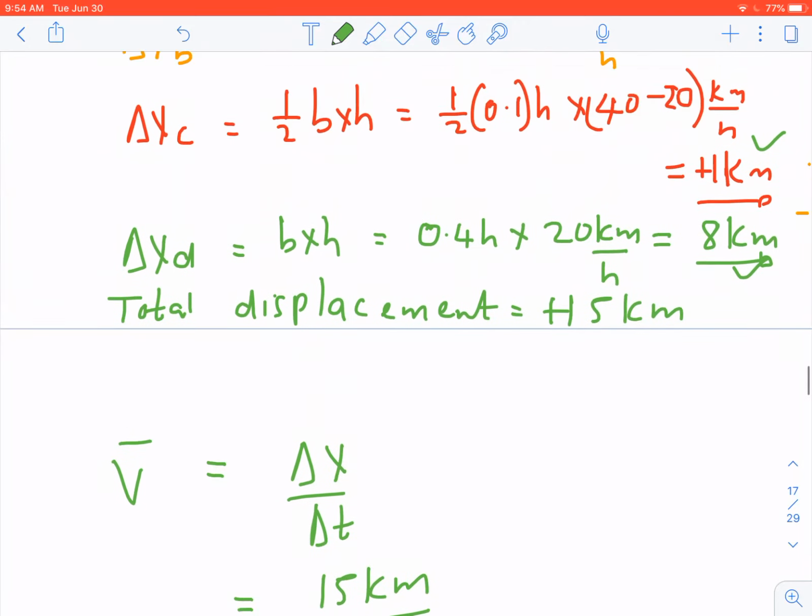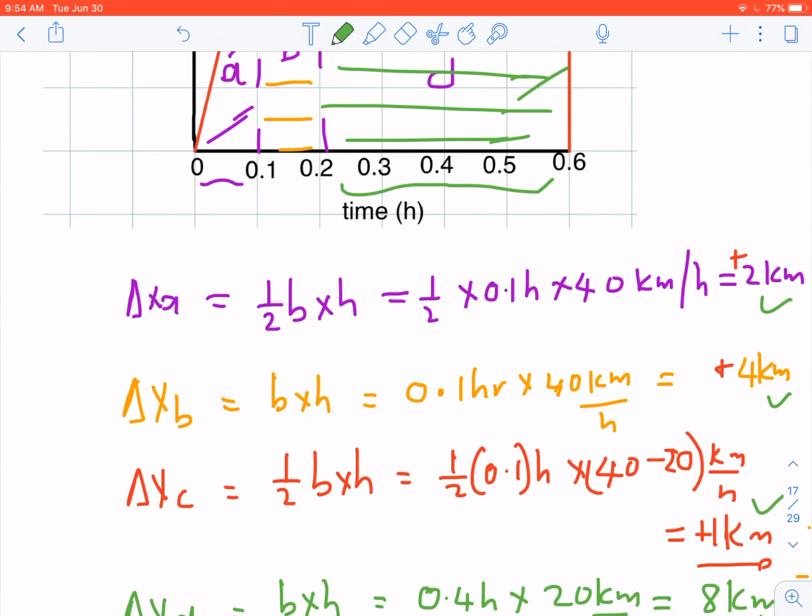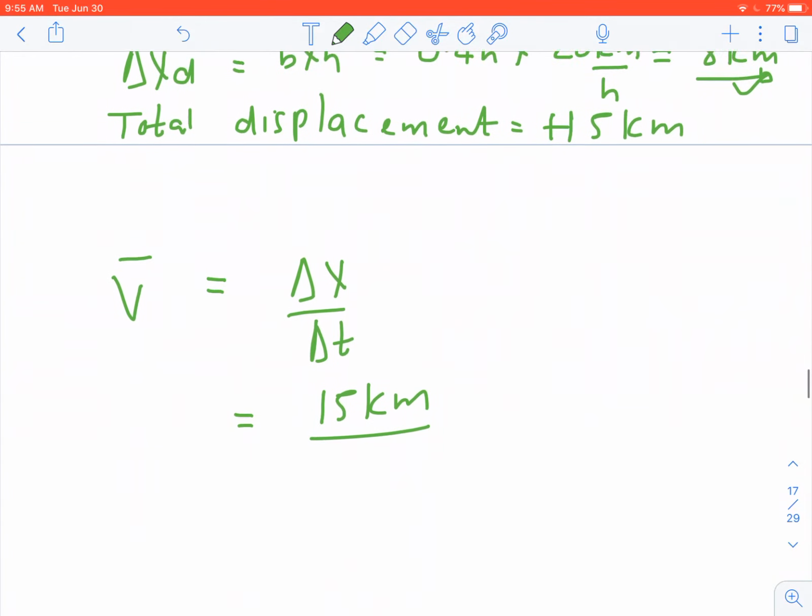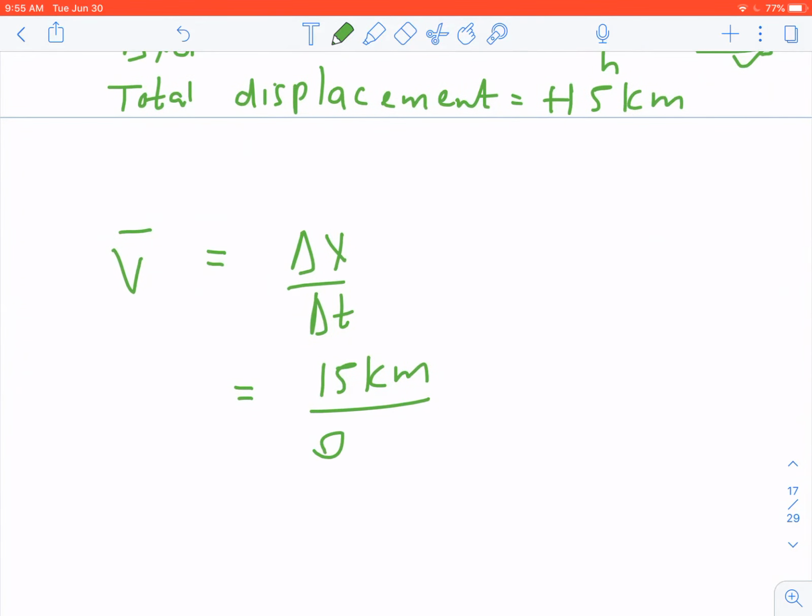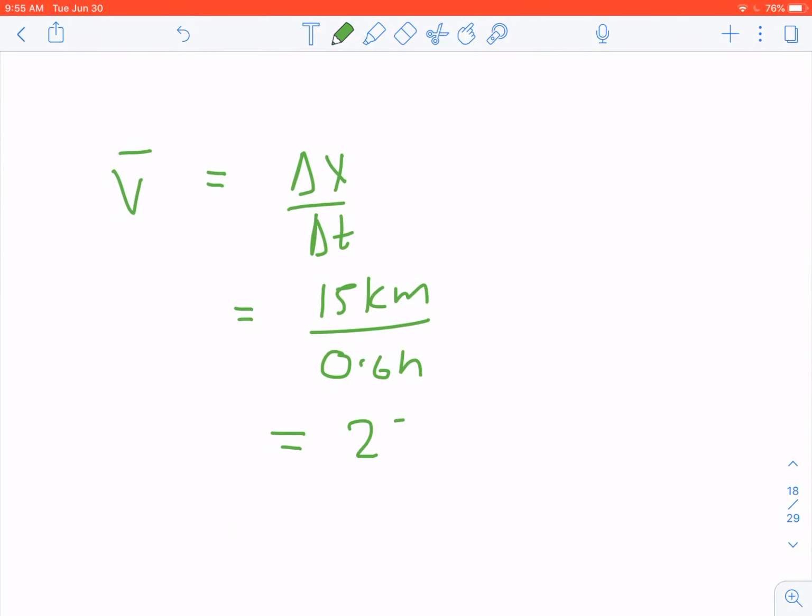And what's our change in time? Our total change in time for that trip is 0.6 hours. And what do we get? We get 25 kilometers an hour.